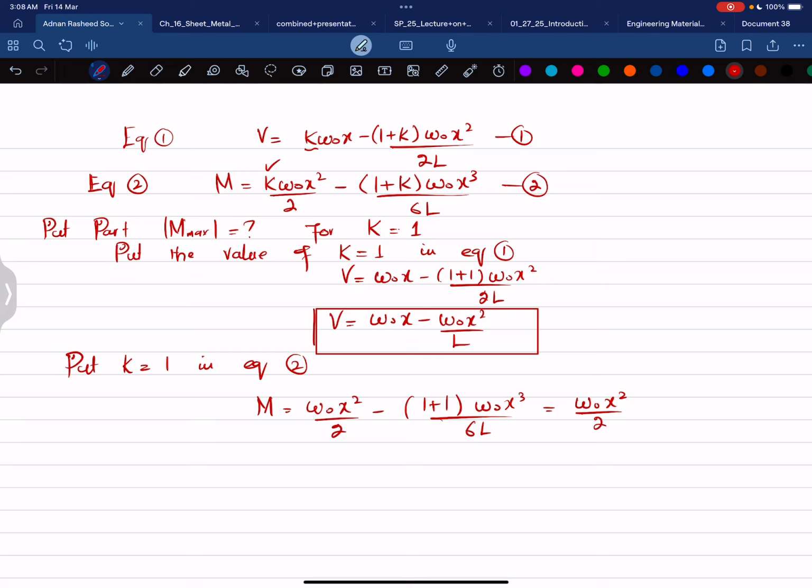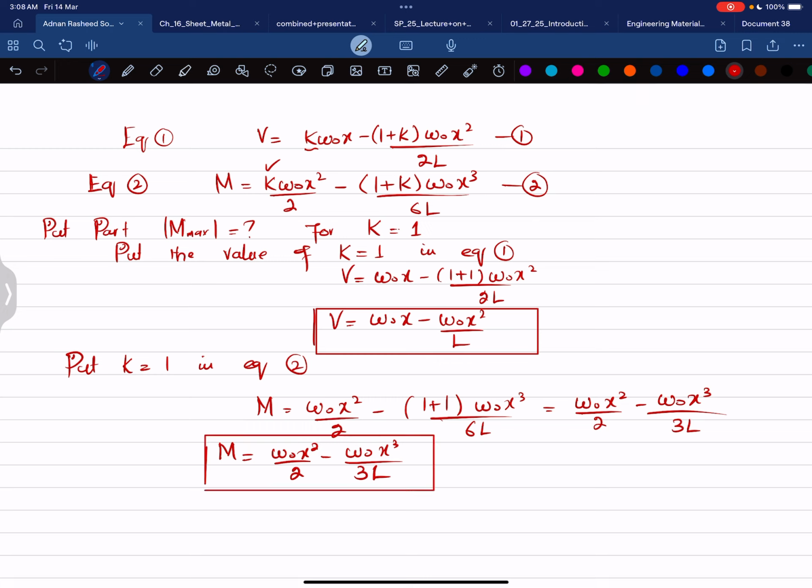So it will give you minus W naught X cube over 3L. Moment is W naught X square over 2 minus W naught X cube over 3L, which is the required equation of bending moment curve for K is equal to 1.